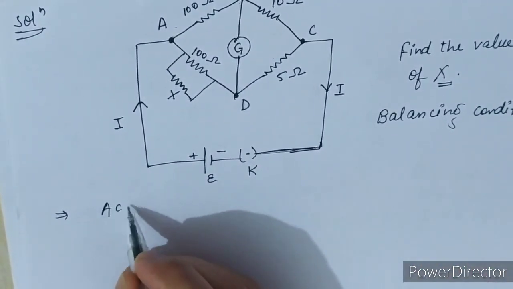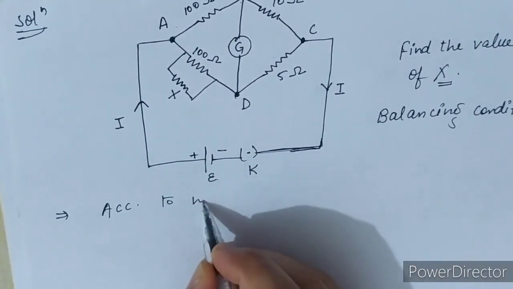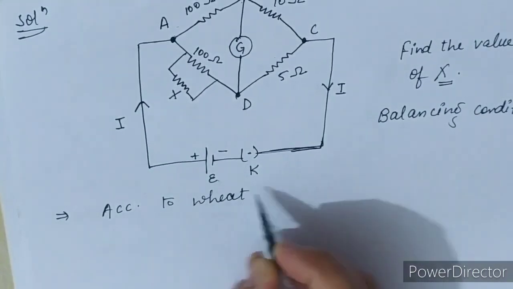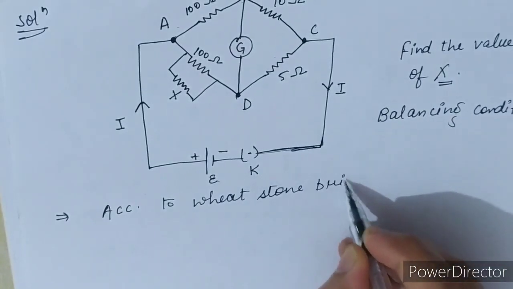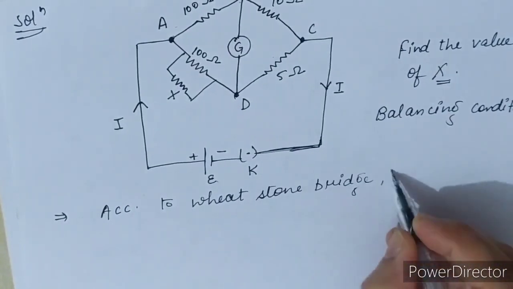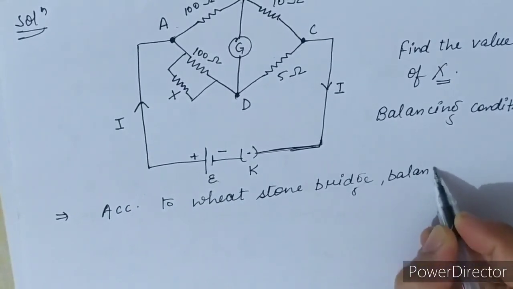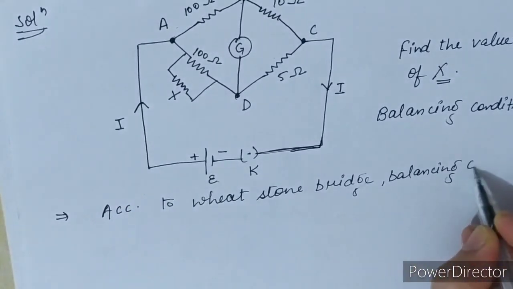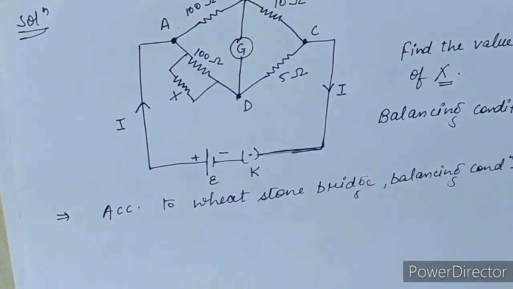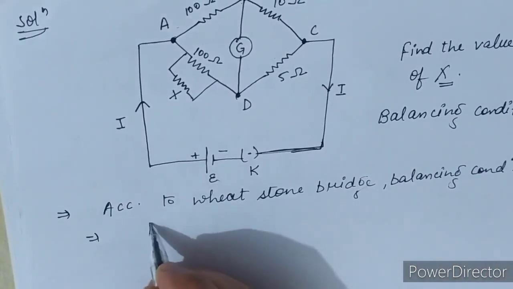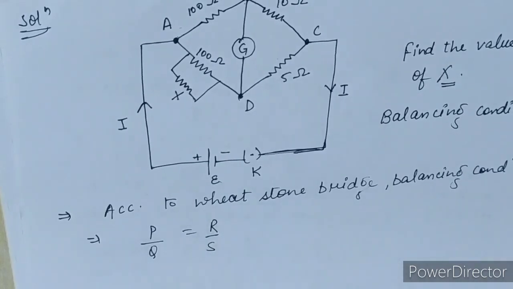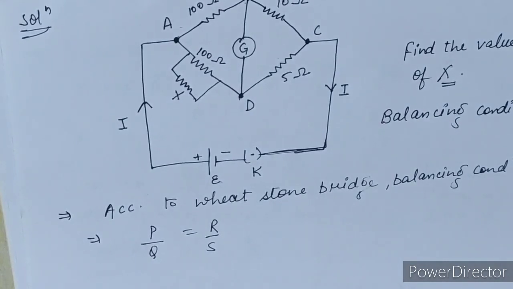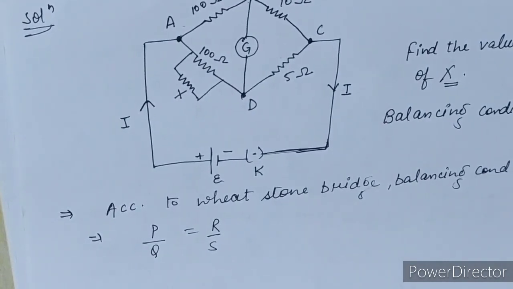According to the Wheatstone bridge balancing condition, P upon Q is equal to R upon S. Means the ratios of the ratio arms are always equal. This is your balancing condition in the Wheatstone bridge, isn't it?